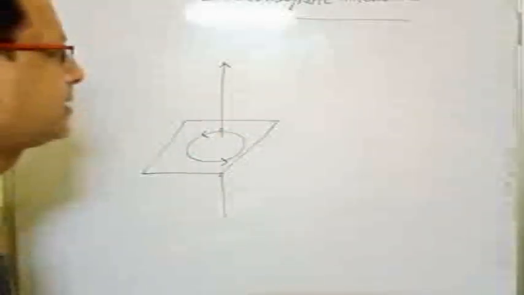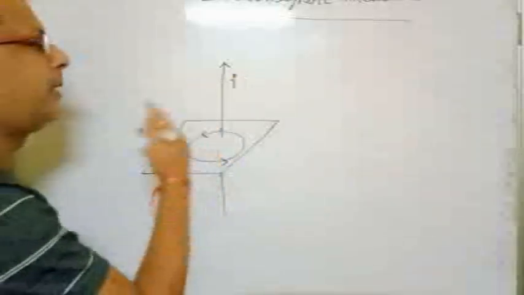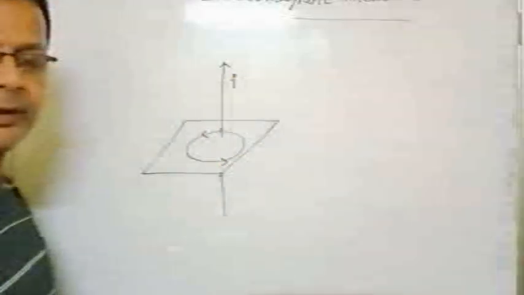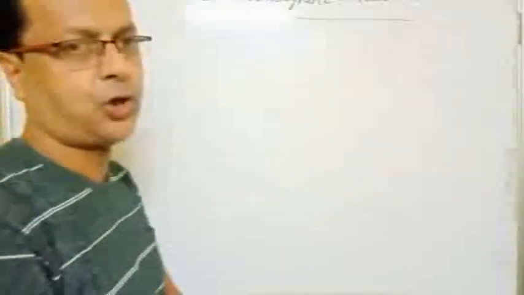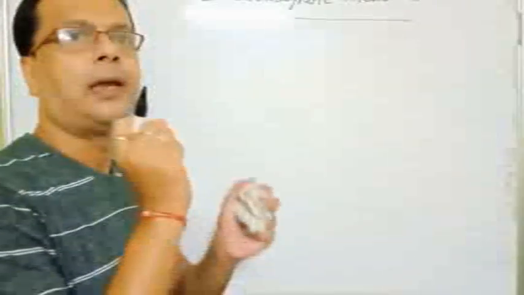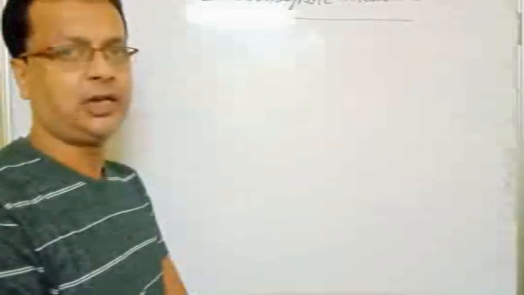That means electric current can produce a magnetic field. But the converse effect, that is production of electric current with the help of magnetism, is called electromagnetic induction.